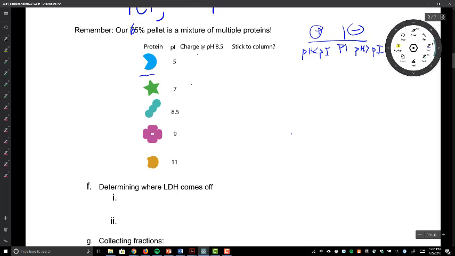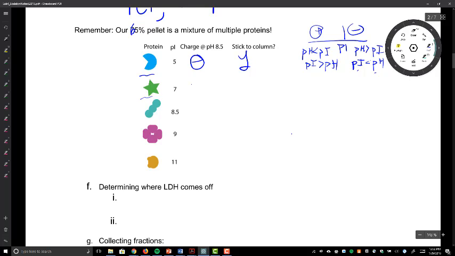If the PI is less than the pH, the protein is going to be negatively charged, and if the PI is greater than the pH, it's going to be positively charged. So just putting that in a different perspective, because that can get confusing. Our protein, which has a PI of 5, is going to be negatively charged at a pH of 8.5 because the PI is less than the pH. And so yes, this protein is going to stick to the column.